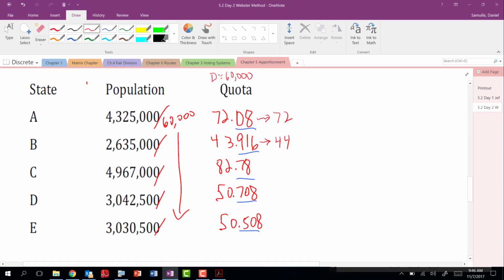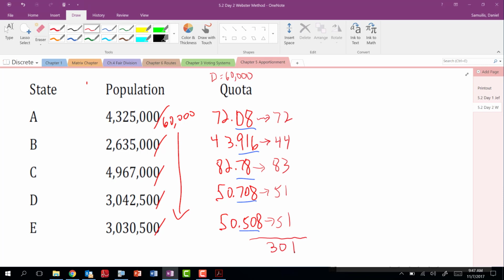In our first divisor and then quota, we have to actually round mathematically. What's 82.78? 83. 50.7? 51. 50.5? 51. And then guess what? When you add these up, this is, for the first time in forever, 301.